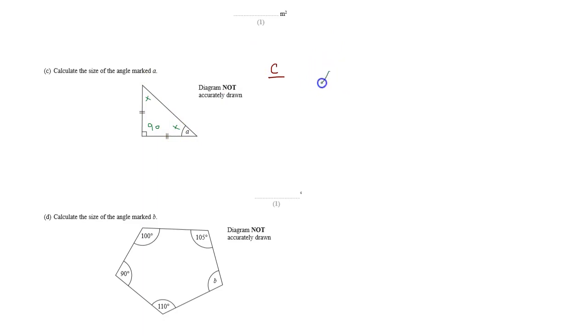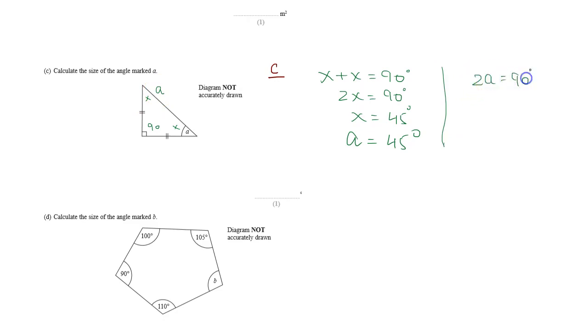So x plus x will be 90, 2x will be 90, so x will be 45 degrees. So A is equal to 45 degrees. You can take this angle as A also, there's no problem. You can also write 2A is equal to 90, because this angle you must write 90 here, so A will be 45 degrees.